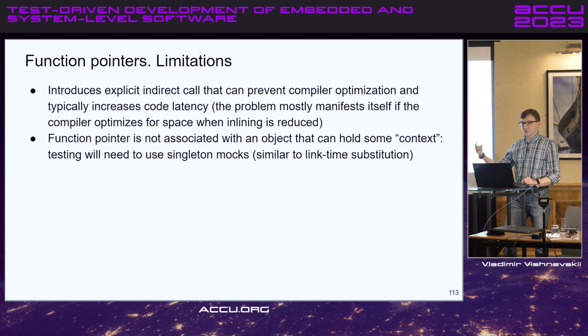The limitations are clear: when we use function pointers, we explicitly bring an indirection into the code. It can be eliminated by the compiler, but it is there, and it depends on how good the compiler is and what the settings are. If optimization for space is specified, which is quite often the case for embedded, then GCC does not inline aggressively, and if it does not inline some functions, it also quite often stops removing the indirection within them.